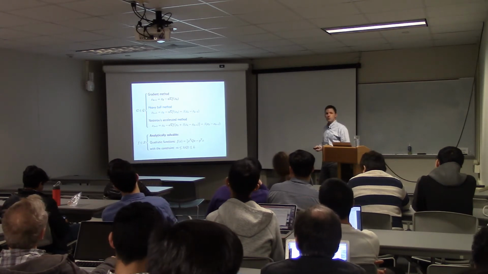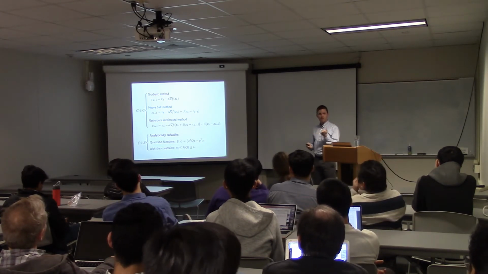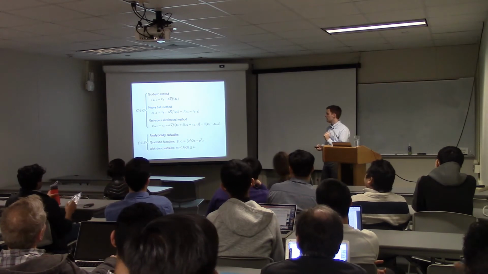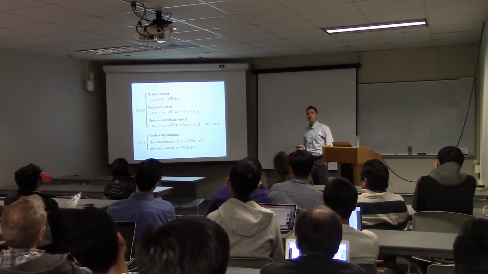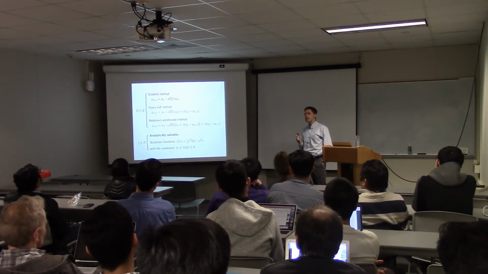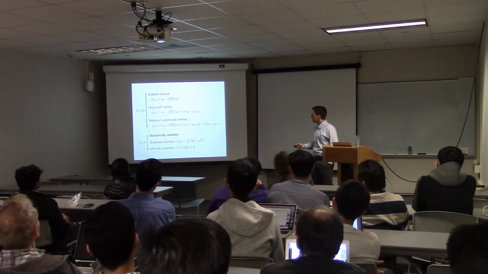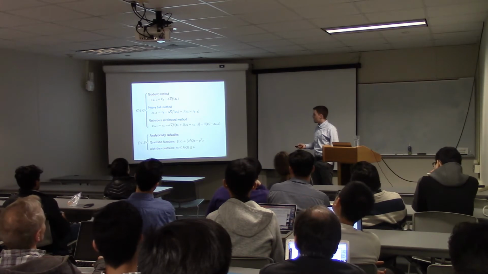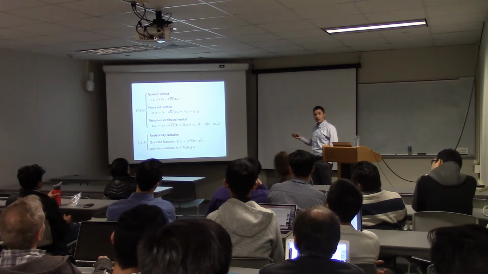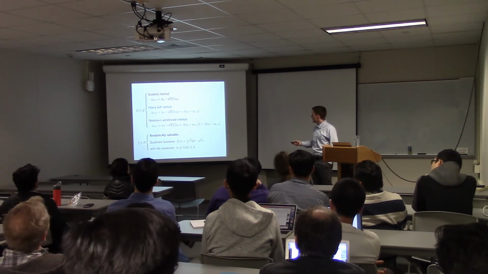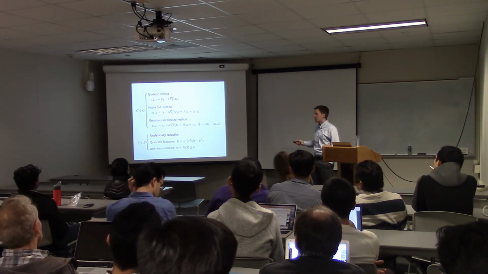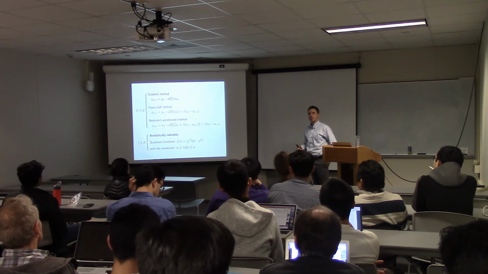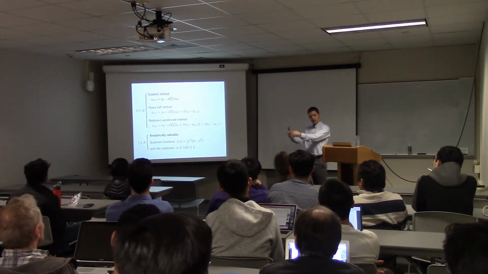Okay, but we're going to be interested in classes of functions that are more complicated than just quadratics. That was just the example that I showed you, and the reason I showed it to you is because this is actually analytically solvable. The reason it's analytically solvable is because if my function f is a quadratic, then the gradient is linear. So when I write these equations out and substitute the gradient of this function into here, this just becomes a linear map between the current iterate and the next iterate.